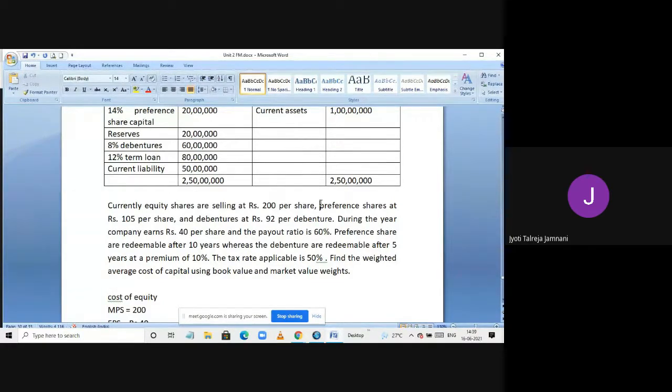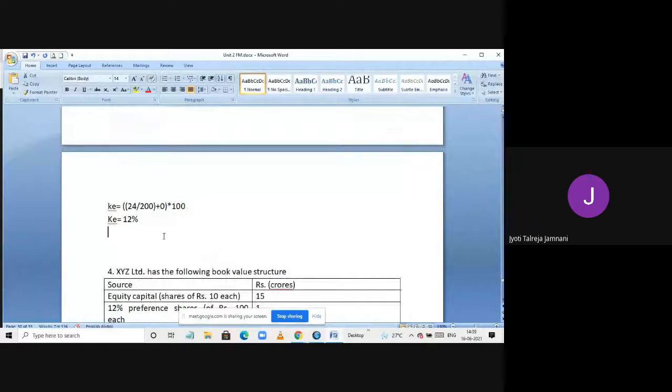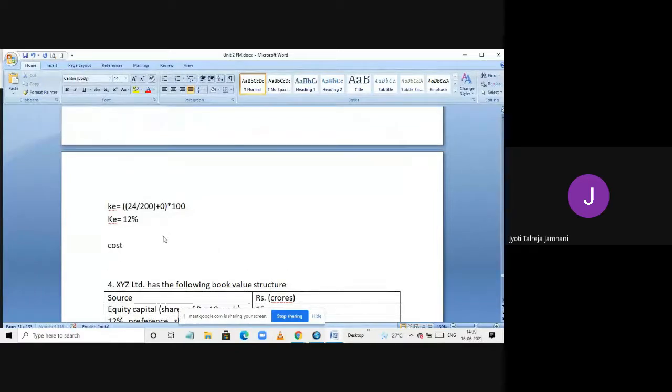Here they've given preference shares are selling at 105. Then preference shares are redeemable after 10 years. So this is about preference shares, and the rest is all about debentures. So let's do cost of preference shares. Preference shares are selling at 105. So we write here cost of preference shares.